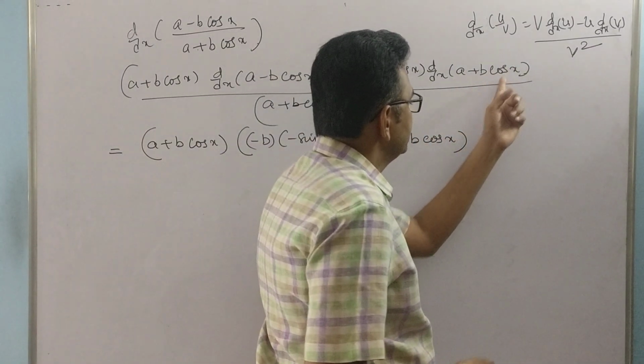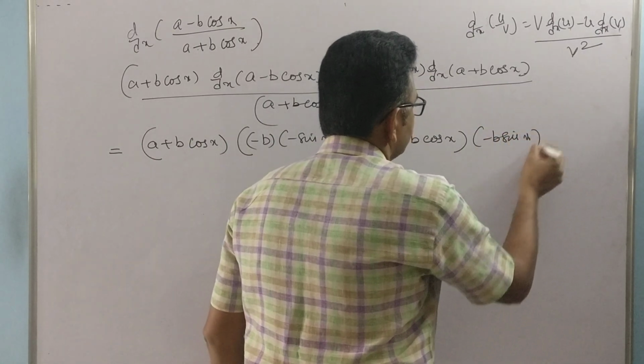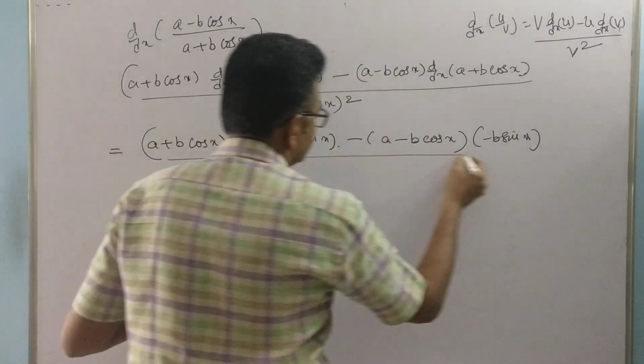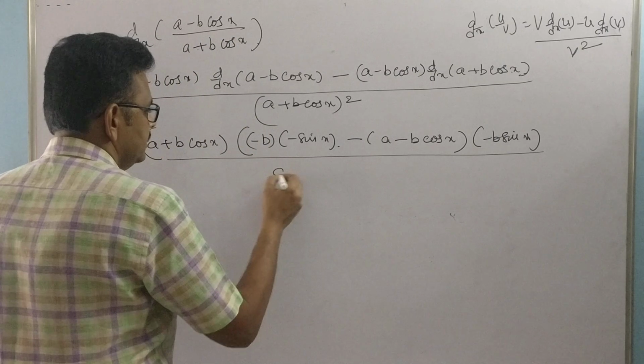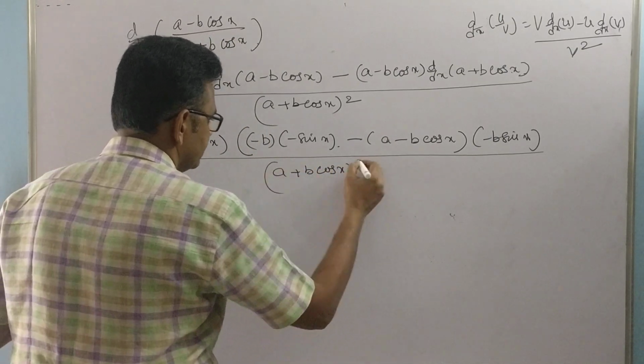Derivative of b cos x is b into minus sin x, by a plus b cos x whole square.